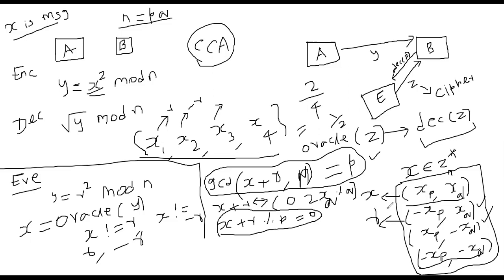So you can pick one of the roots that you get back. The decryption oracle will give you back one of the roots. All you have to do is take the x that you get back from the oracle and add it to your r and do a GCD of x plus r comma n. GCD is polynomial, very easy to compute.